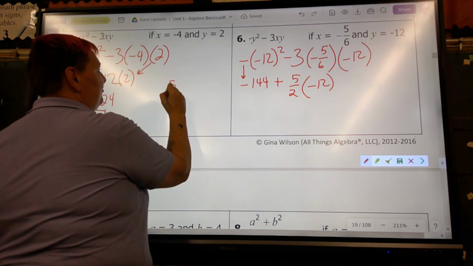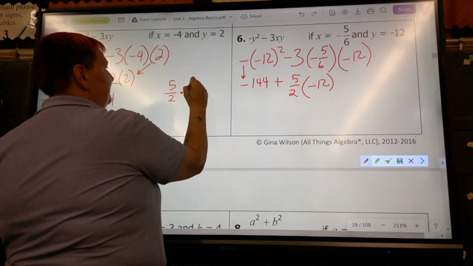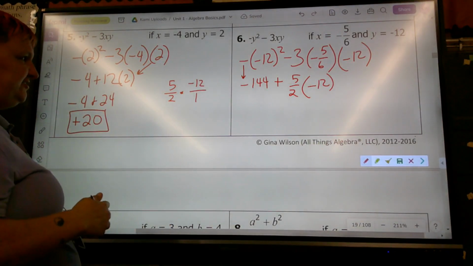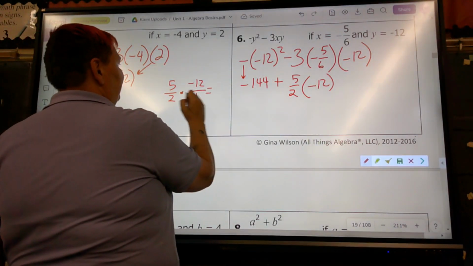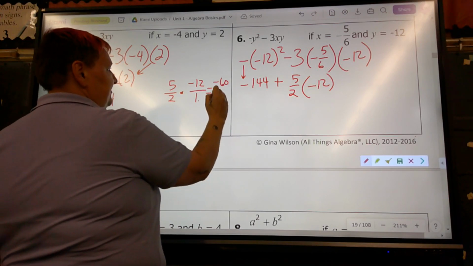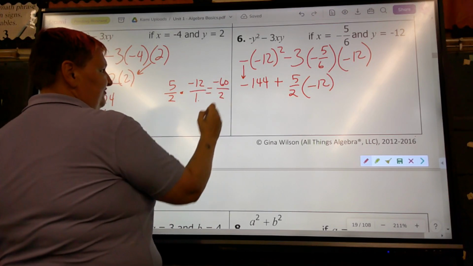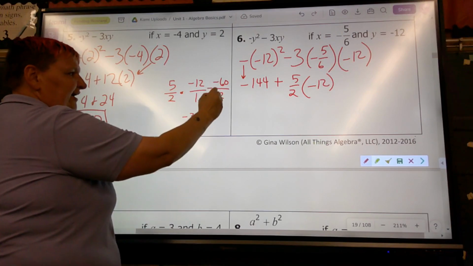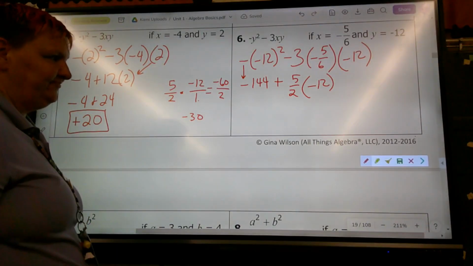Alright, so 5 over 2 times negative 12. Put it over 1 so we can multiply two fractions. Alright, 5 times negative 12 is negative 60. 2 times 1. Half of negative 60 is negative 30. Remember, dividing by 2 just means half.